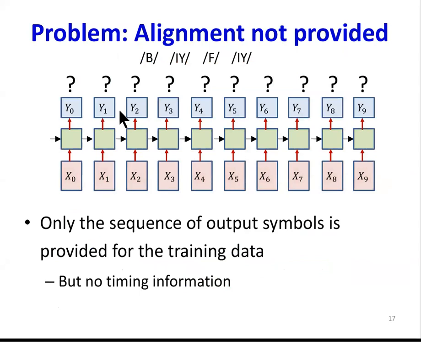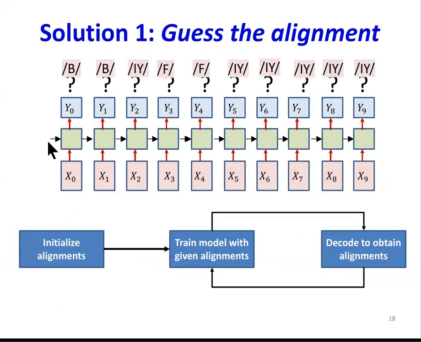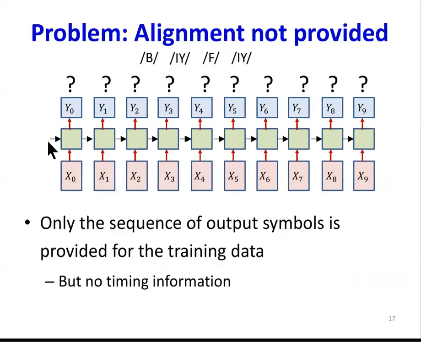Now, the problem occurs when the alignment is not provided. If only the sequence of output symbols is provided, but timing information is not given. In that case, first, we're going to use two factors.